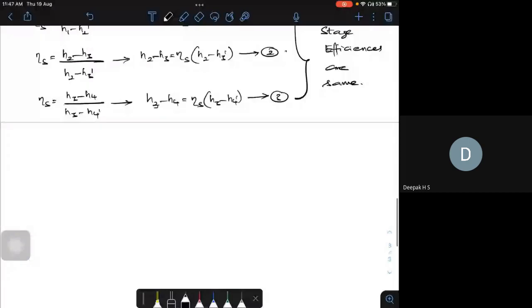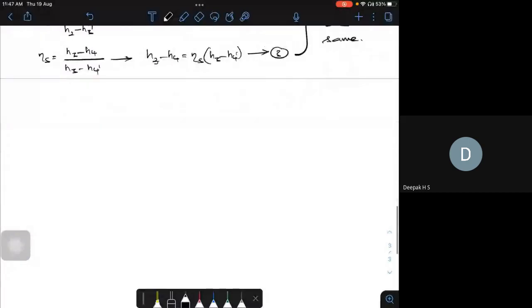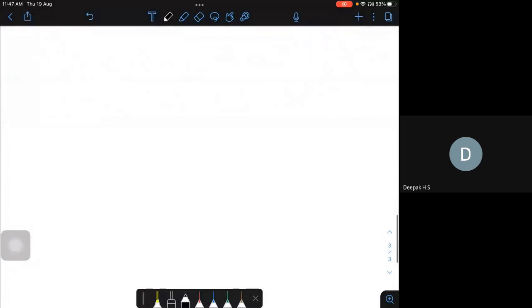Now, one more factor which you might have studied in your turbo machines course is the reheat factor, also called the RF factor. What is this reheat actually?